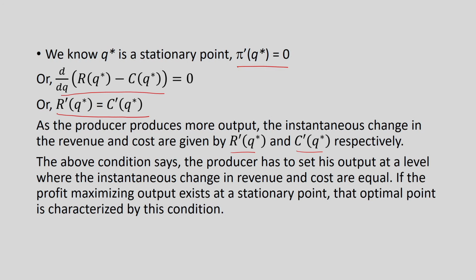Now, what this condition is saying is that the producer has to set the output at a level where the instantaneous change in revenue and cost are equal. So, this left hand side and the right hand side should be equal. If the profit maximizing output exists at a stationary point, that optimal point is characterized by this condition, R dashed Q is equal to C dashed Q.